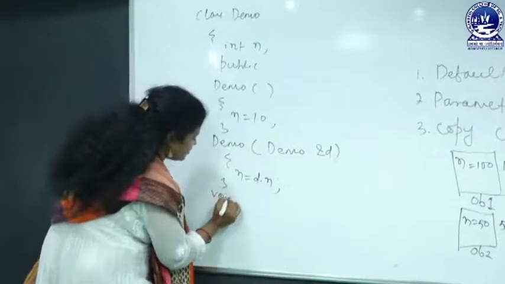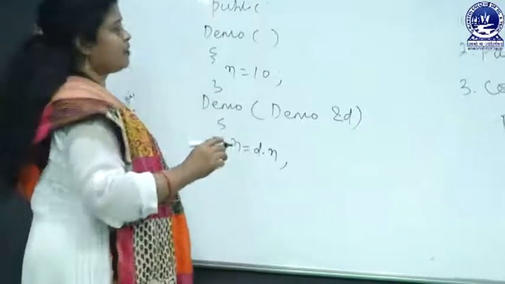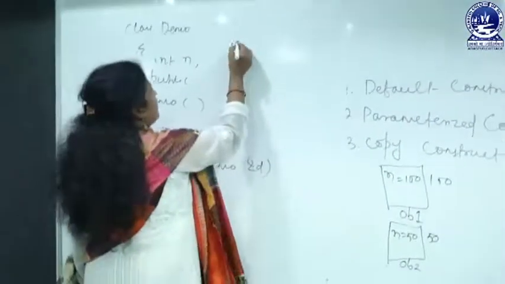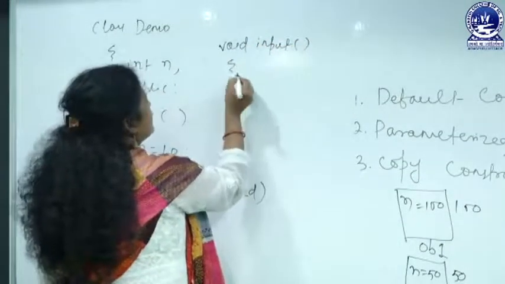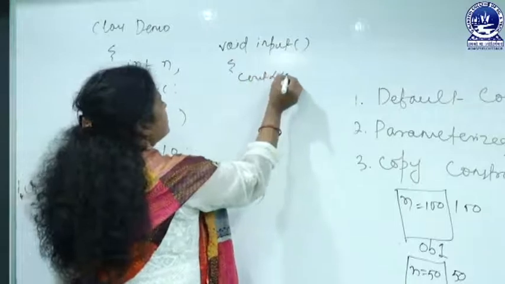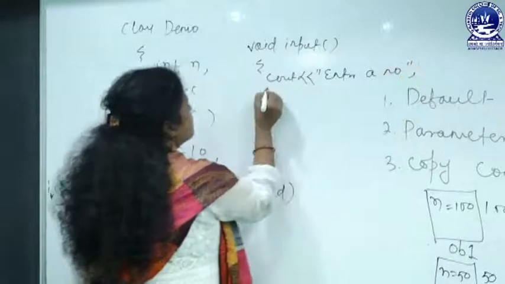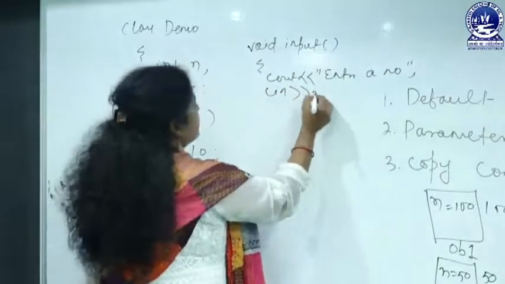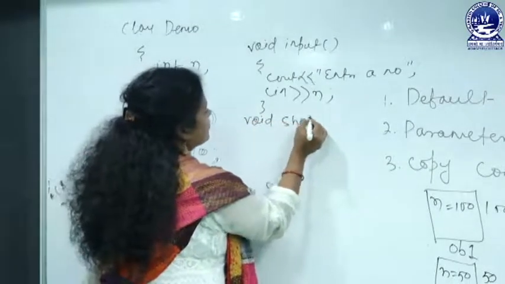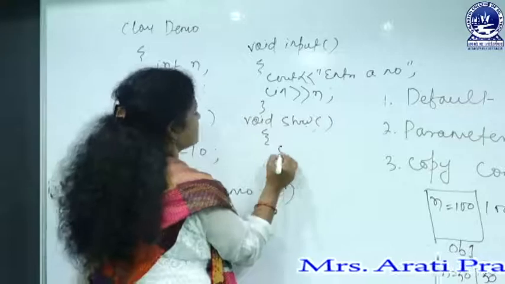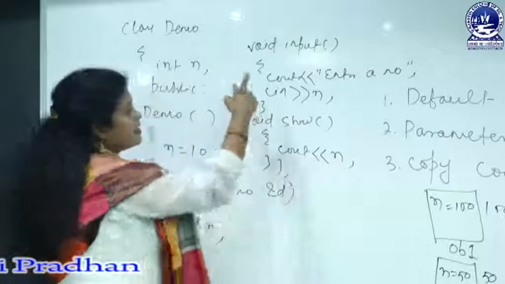Then void input, cout enter a number, cin n. Then void show, and in the void show method, cout n. This is all about the class.